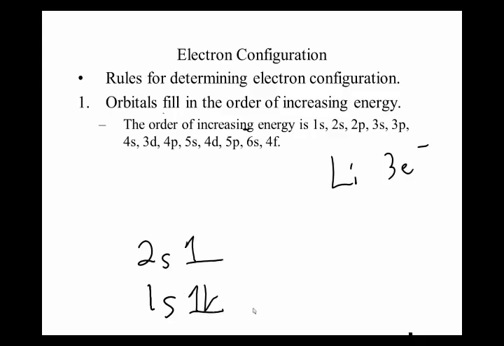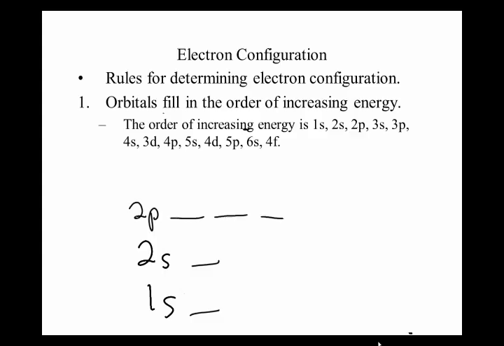So let's continue on. 1, 2, and I'll go up to 2p. All right, so if I have boron, 5 electrons, I'd go 1, 2, 3, 4, 5. That's easy, right? Now let's consider carbon.